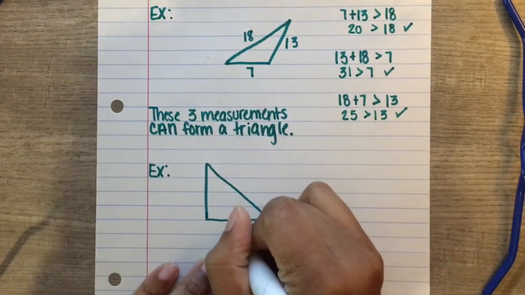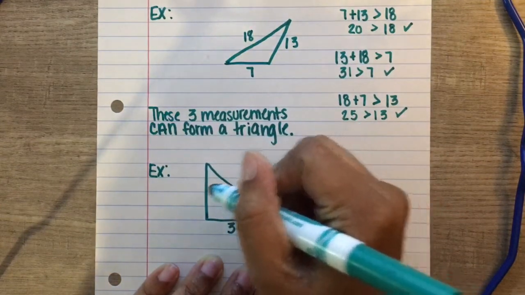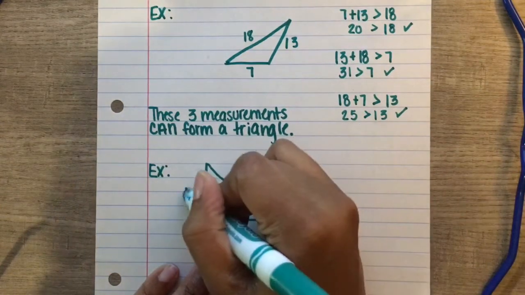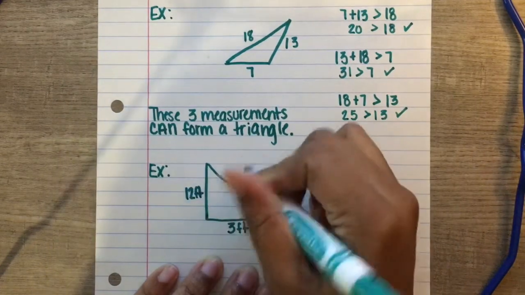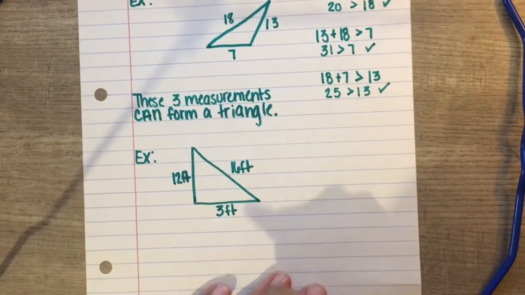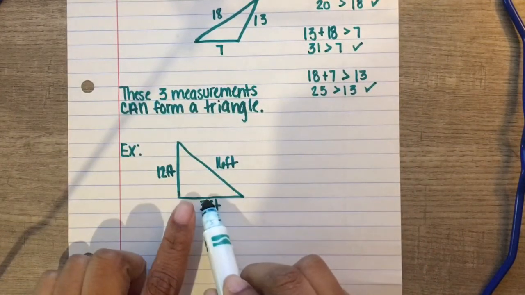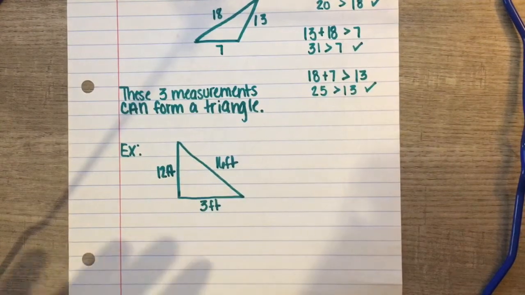So the measurements are 3 feet. Let's put 12 feet here, and then 16 feet. So I just labeled it according to small, medium, large size. But my 3 feet would be much shorter than this compared to 16 and 12. But once again, it is okay.